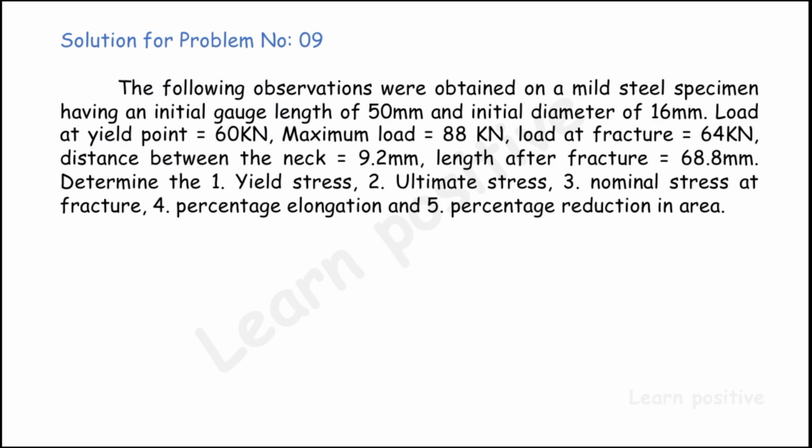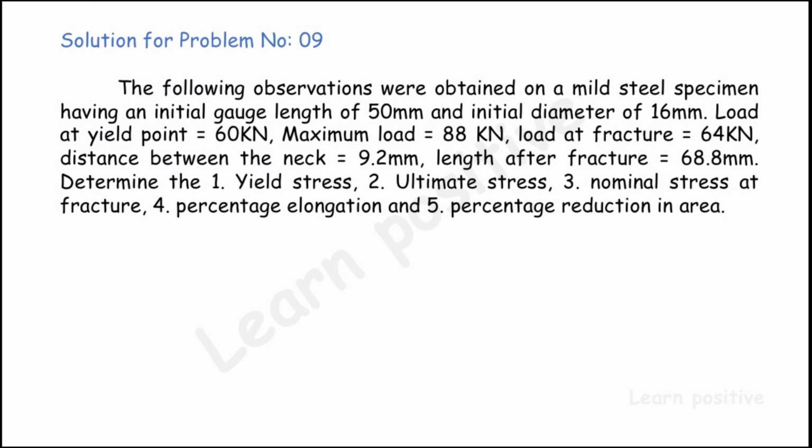The length before the fracture is 50 mm and the length after the fracture is 68.8 mm. And we have to find the yield stress, ultimate stress, nominal stress at fracture, percentage of elongation and percentage of reduction in area. This is the question, and from the observations we have to find these.